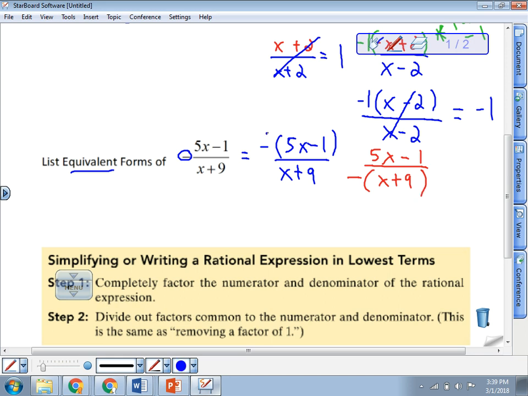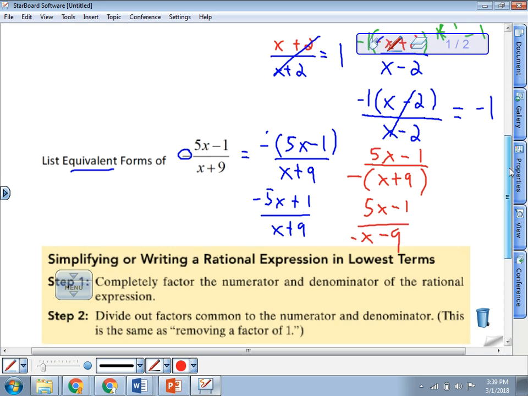On this first one, I'm going to distribute that through, so I'm going to have minus 5x plus 1 over x plus 9. That'd be another equivalent form. And over here, I would have 5x minus 1 over negative x minus 9. All these are equivalent forms. Just understand that when you have that negative sign in front, you have to distribute it to either top or bottom.